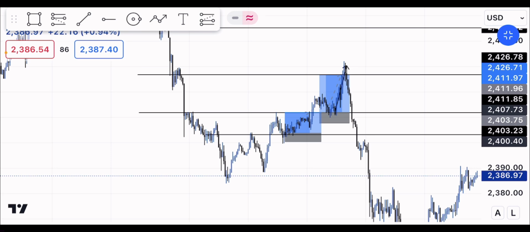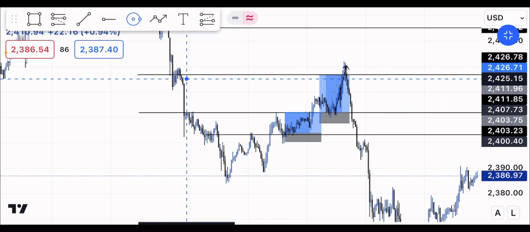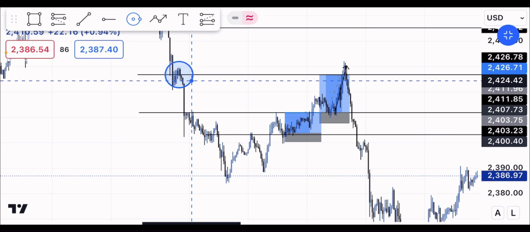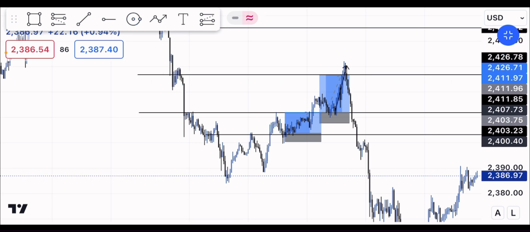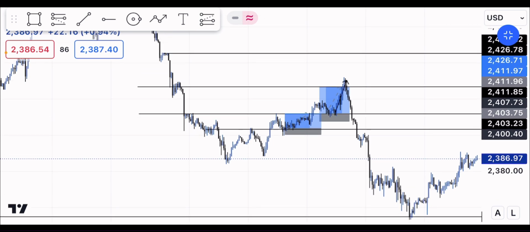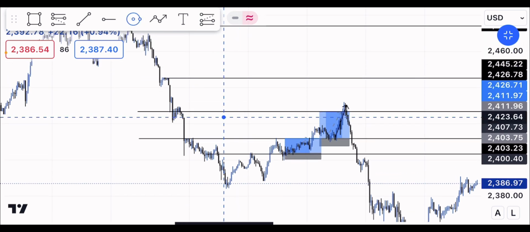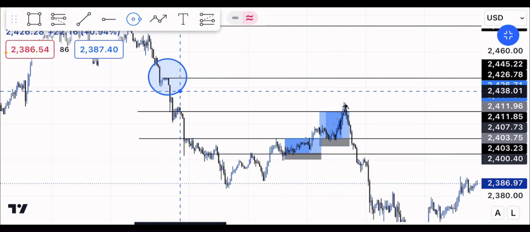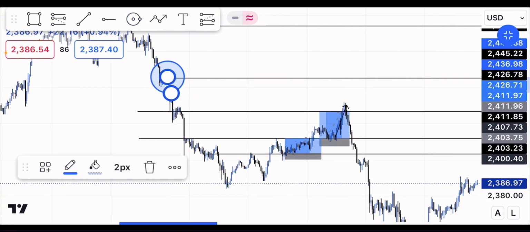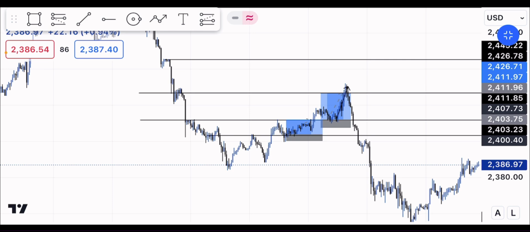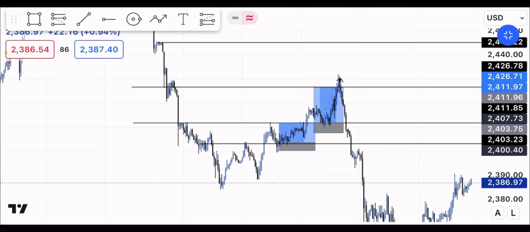First, I notice that there is a resistance zone here. I mark it out first, so I know I'm not targeting above any of it. And up again, there's a resistance zone here that dropped the market down.